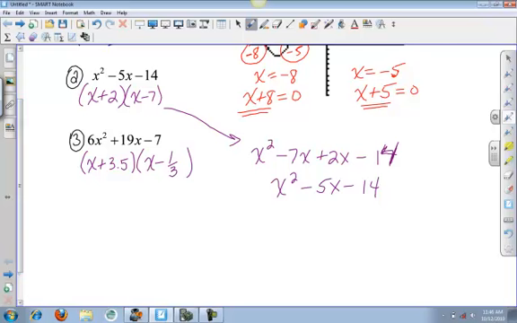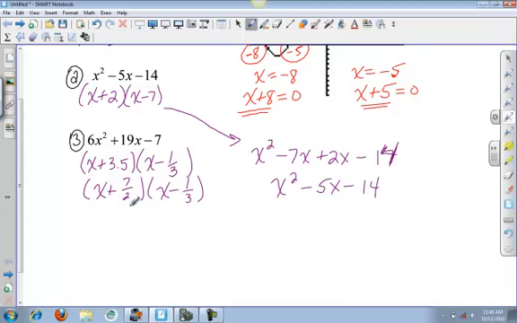Now, that's a problem. When you look at those two factors, there's no way they multiply back together to give you 6x squared plus 19x minus 7. Here's the deal. Actually, let's change 3.5 to a fraction. That would be 7/2. What we don't want are fractions.